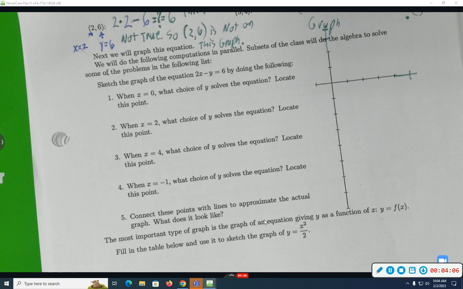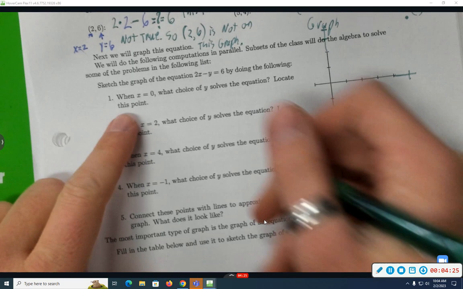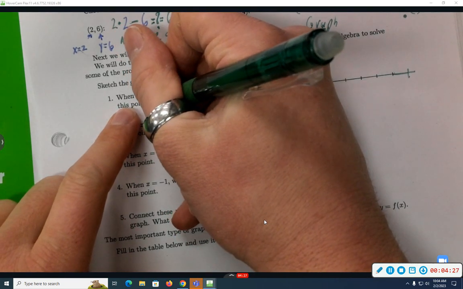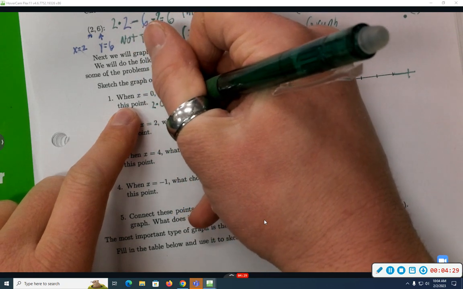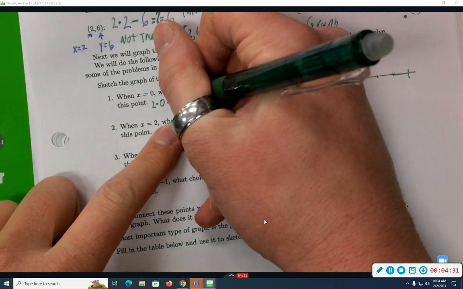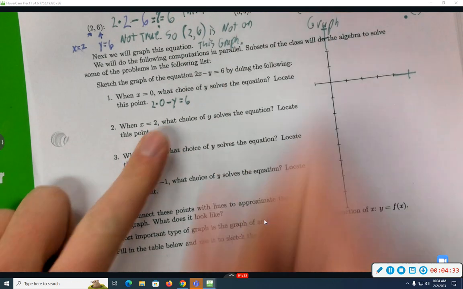So I think the way I'm going to proceed is I'm going to plug in x equals 2. I'll let you all plug in some more points and tell me what the y values are. We'll figure out what y corresponds to x equals 0 by solving that equation when x equals 0. So plug in x equals 0. It looks like we get 2 times 0 minus y equals 6.